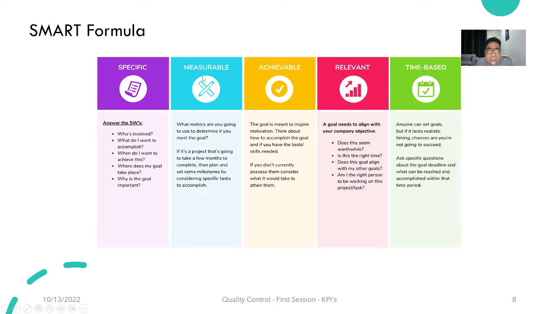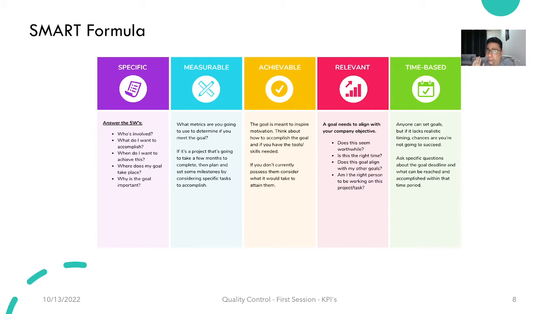Then we come to the next one, which is measurable. What metrics are you going to use to determine if you meet the goal? How can I prove that the metrics I use to solve our problems are doable? Is it applicable to our problem or not? Number three is achievable. Is our goal achievable or not? This is an important question we need to answer.